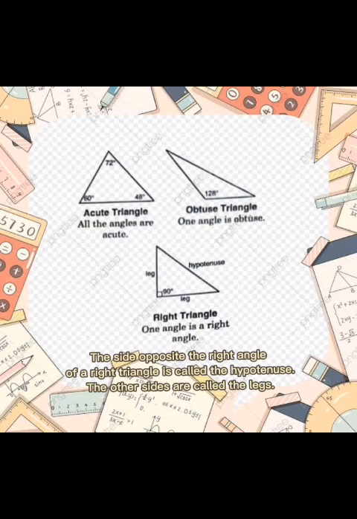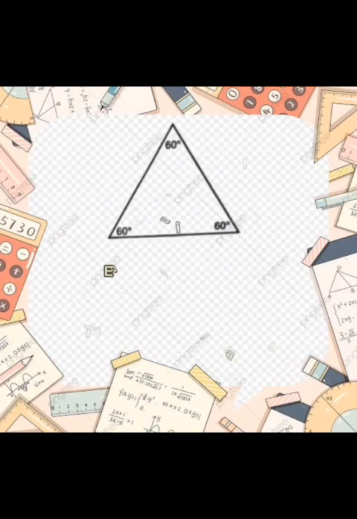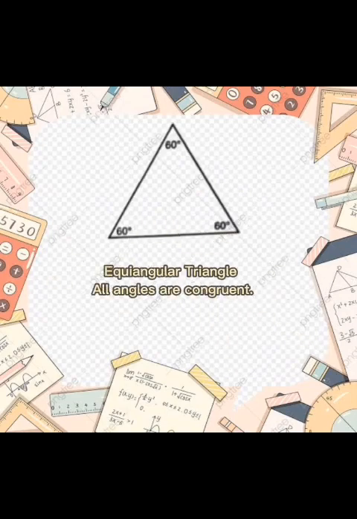The side opposite the right angle of a right triangle is called the hypotenuse. The other sides are called the legs. Equiangular triangle: all angles are congruent.